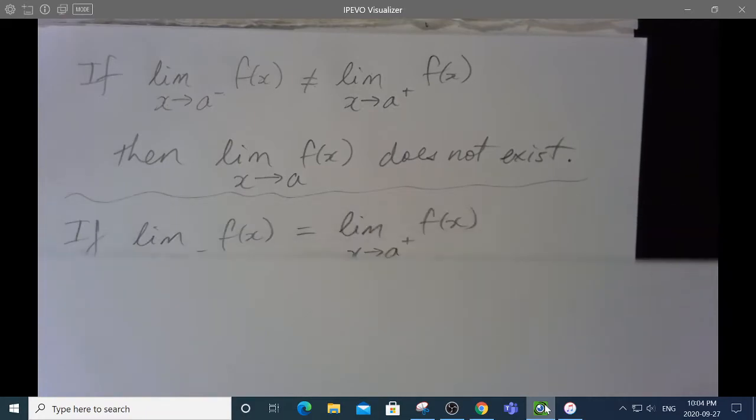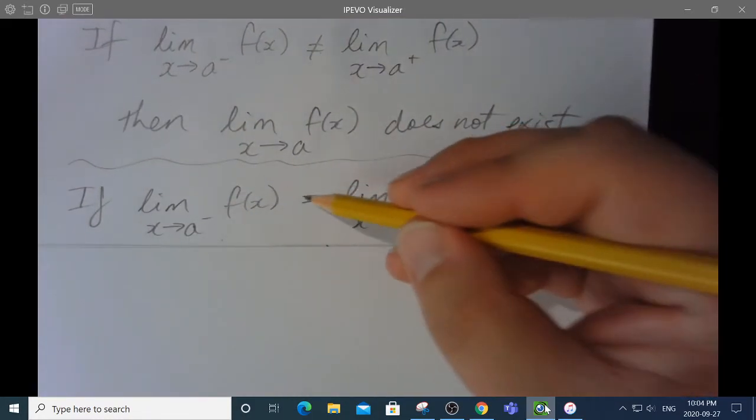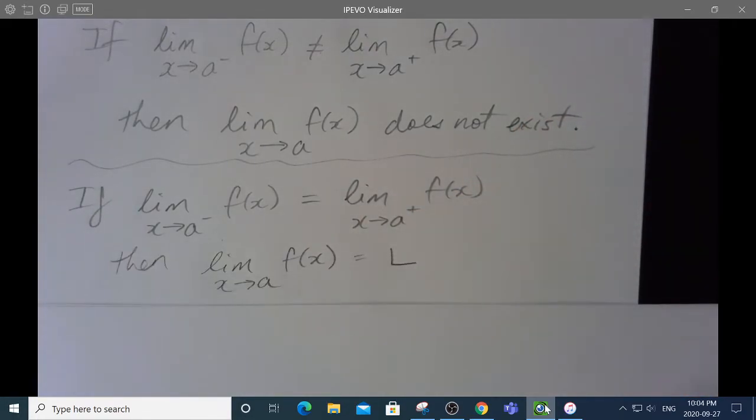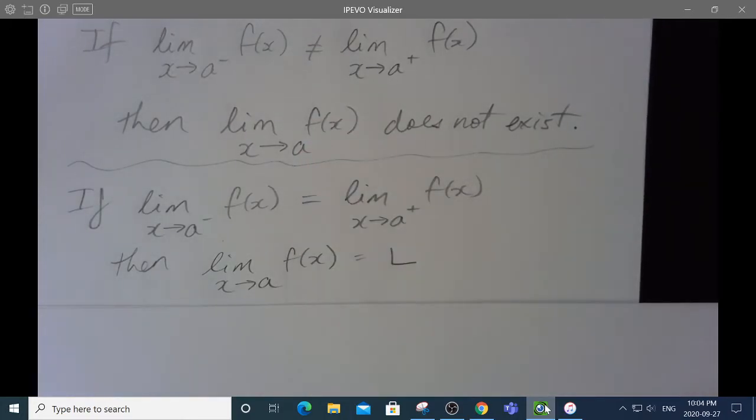But the opposite is true. If the limit from the left exists and it equals the limit from the right, then I would say the limit is some value L, which is the same value you get from the left and right. So this would be like the first example, and this would be like the second example.